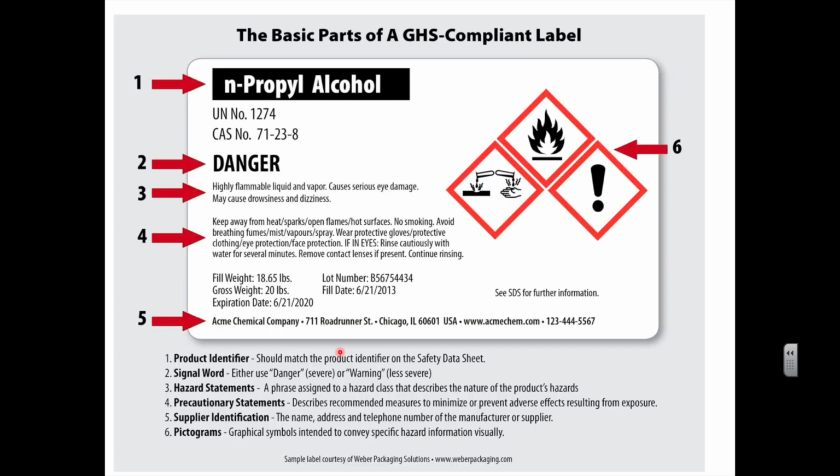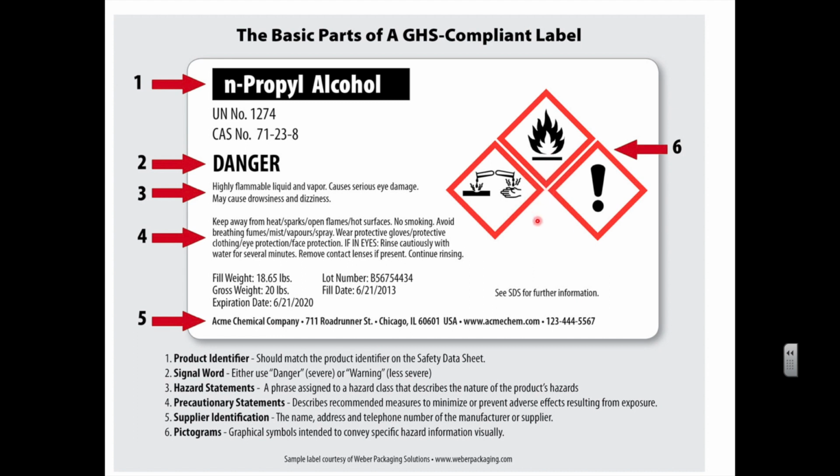Essentially what they're doing is they're informing you of what hazards this chemical has. So each chemical has its own GHS, and this is what propyl alcohols will look like. So here you have the product identifier, the signal word, its hazard statements, its precautionary statements, its supplier, and also the pictograms that are associated with it.